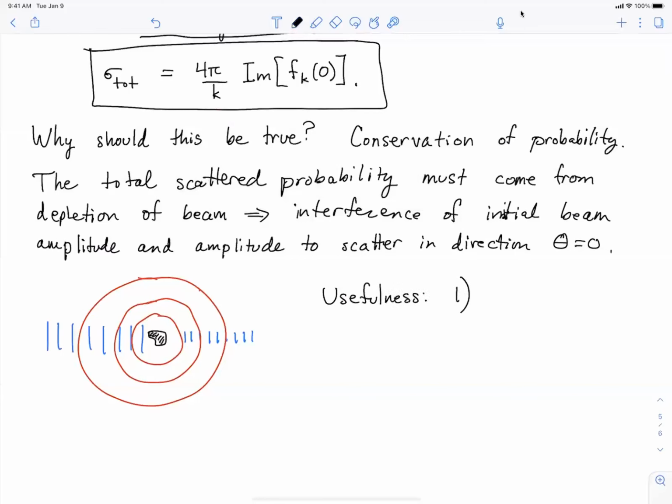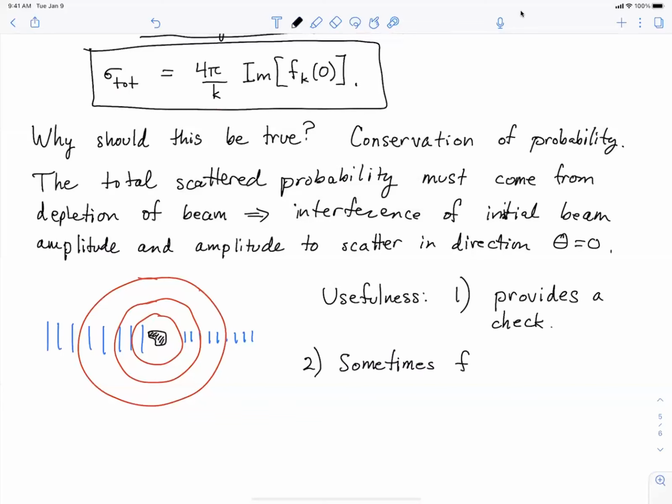So one thing is it provides a check. If you've calculated a total cross section, then you can compare to a subpart of your calculation, which is the amplitude in the forward direction, and make sure they match. And then occasionally, I don't think we'll actually do an example of this, but it's sometimes easier to get the forward amplitude than it is to compute the whole cross section.